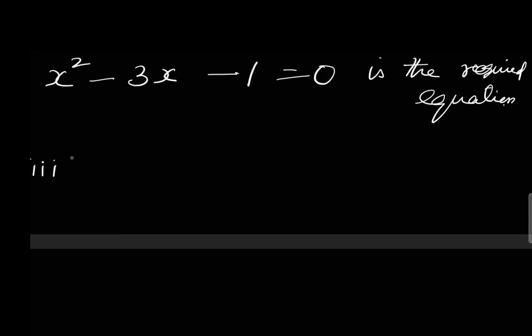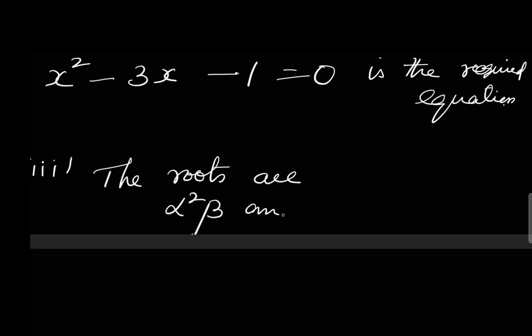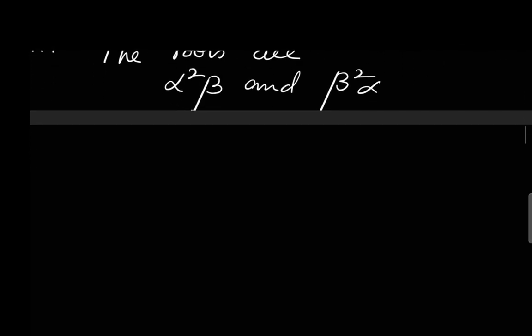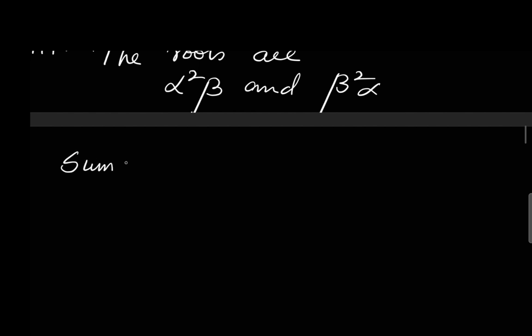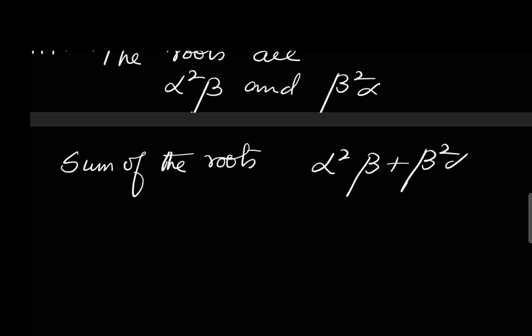See the third sum. The roots are alpha squared beta and beta squared alpha. So find the sum of the roots. Sum of the roots: alpha squared beta plus beta squared alpha. So take out the common term.